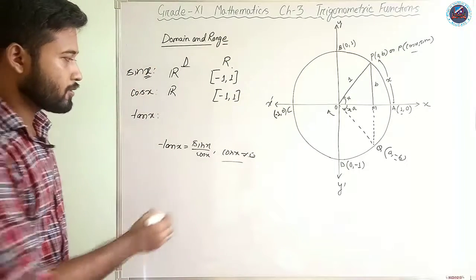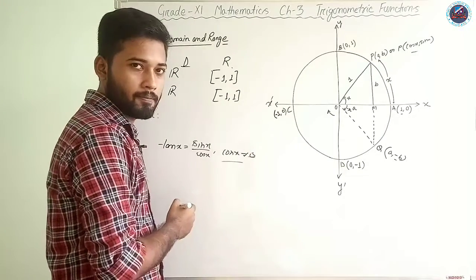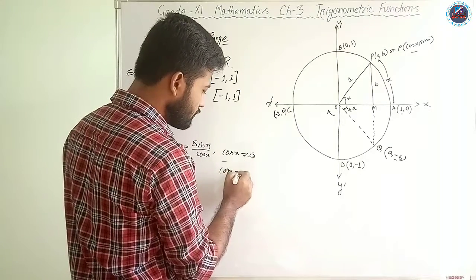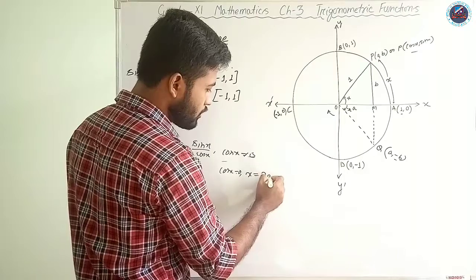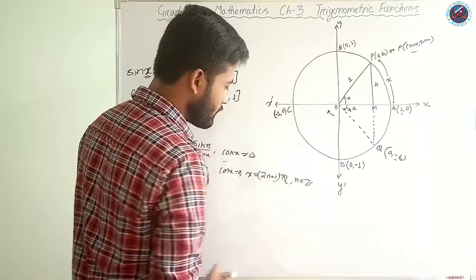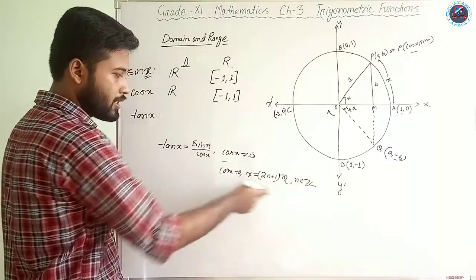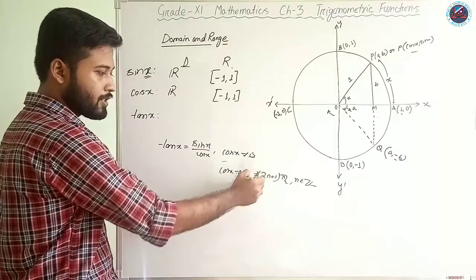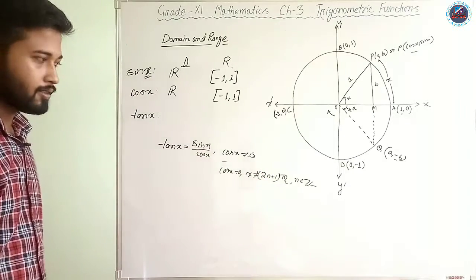So what is the condition? Cos x is 0 when x is equal to (2n plus 1) pi by 2, where n belongs to the set of integers. So when cos x is not equal to 0, x will not take these numbers, isn't it?